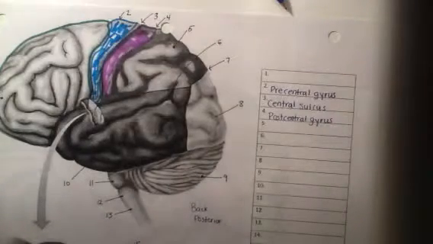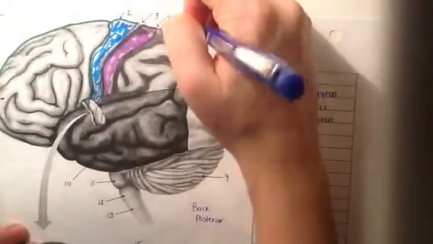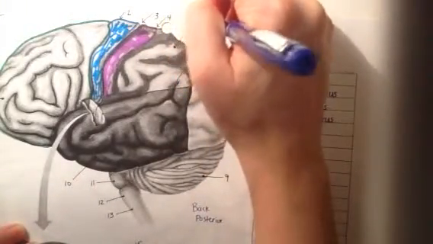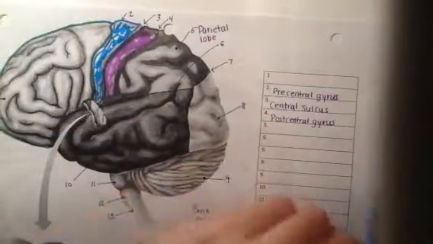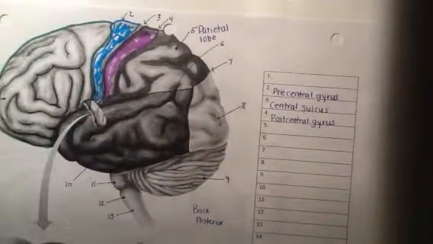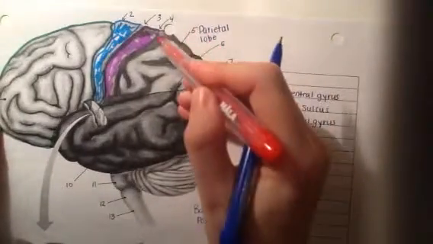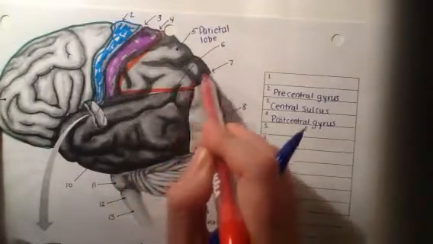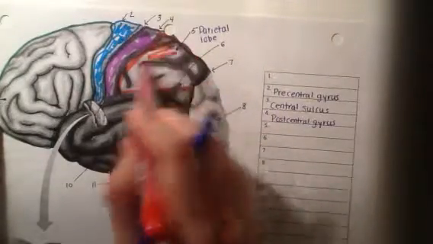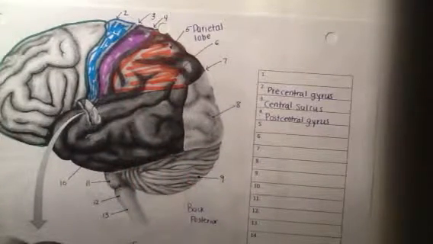Just like that. Okay. Number 5 is another lobe, and that's going to be the parietal lobe of the brain. Just like the parietal bones right there, so that makes that the parietal lobe. And I will outline it. Okay, there's your parietal lobe.